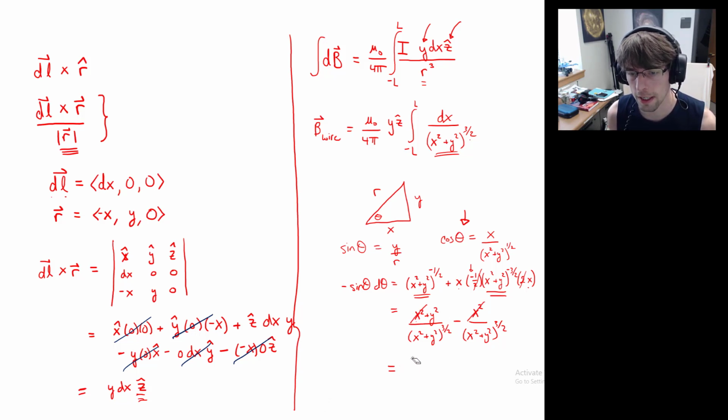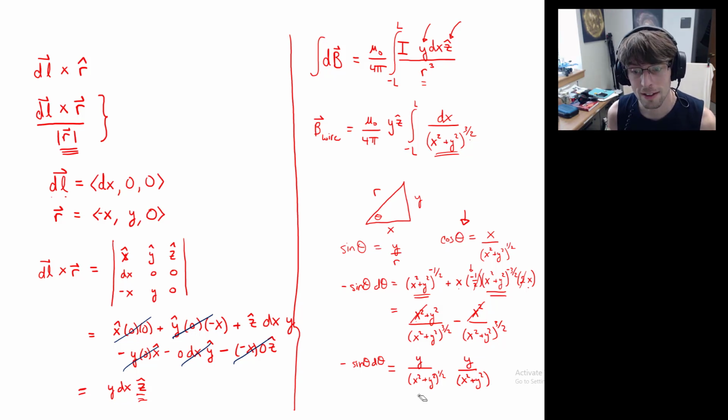So at the end of the day, negative sine of theta d theta equals y over x squared plus y squared to the 1/2, and then what I have left over is a y divided by x squared plus y squared.